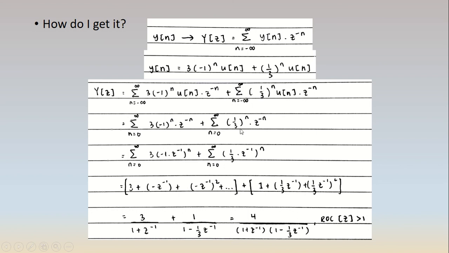The rest follows the previous solution. You will get this result: 3 over (1 + z^-1) plus 1 over (1 - 1/3 z^-1). You get this result with ROC |z| > 1.